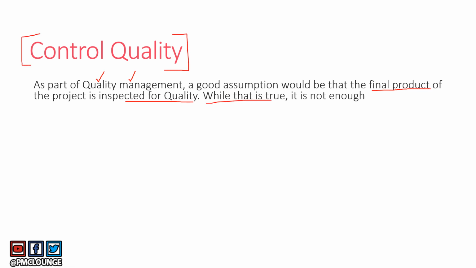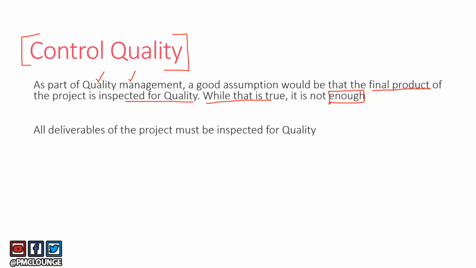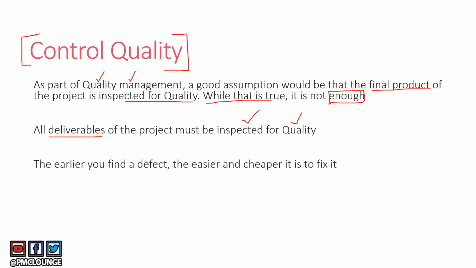While that is true, it is not enough. Why? Because there is more to control quality than just inspecting the final product of the project. Every deliverable that is produced as part of your project must be inspected for quality. And that is where you are talking about control quality.